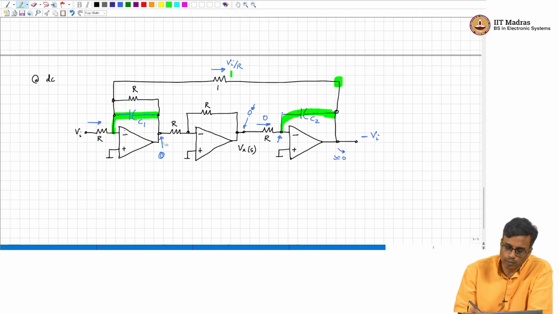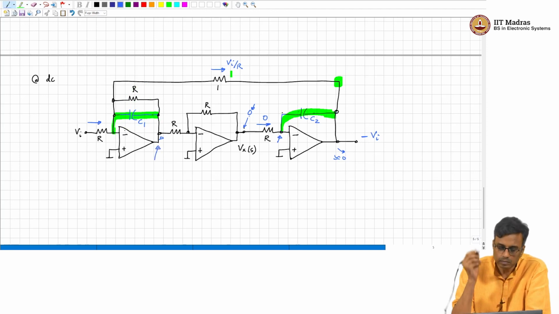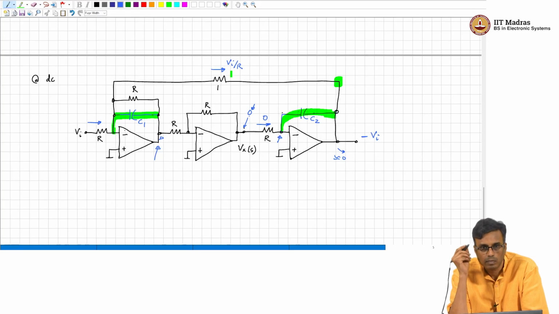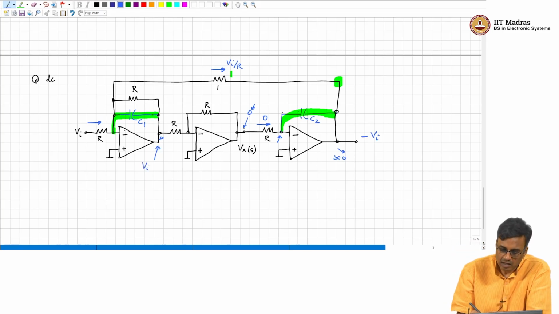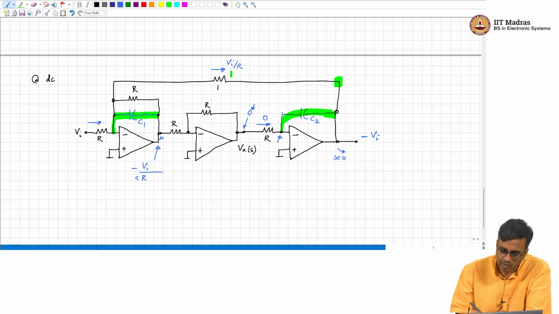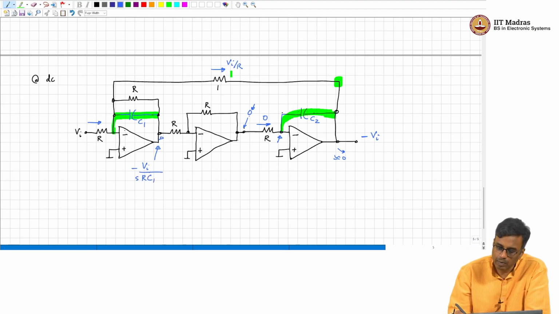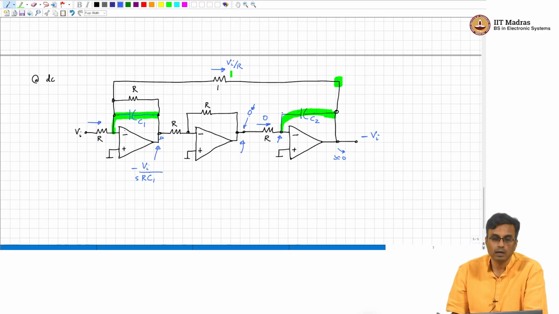So, at high frequency, the voltage here is approximately: the current is V by R, the impedance is 1 by SC1, and it is inverting. So, basically SC1R, correct. This is an inverting amplifier. So, what will be the voltage here? Vi by SC1R. Now, what will be the voltage here at high frequency?